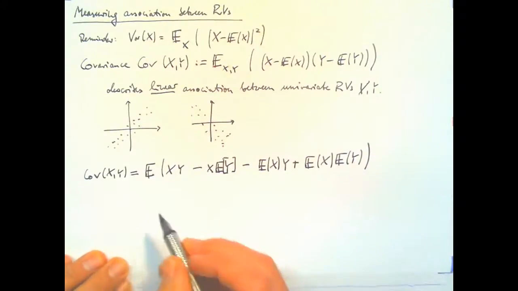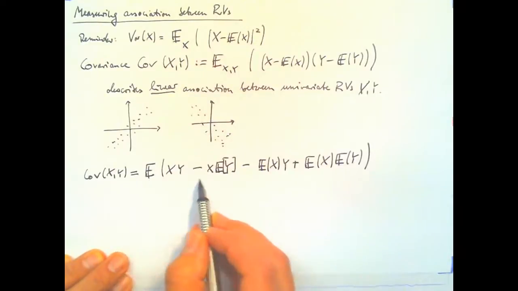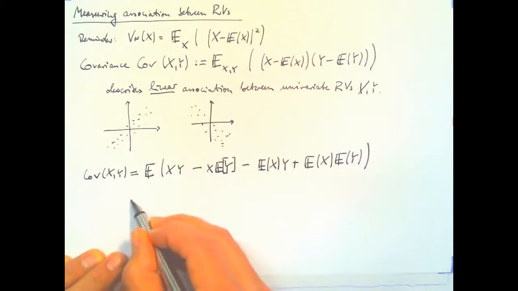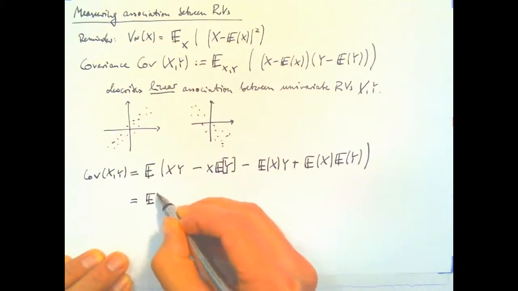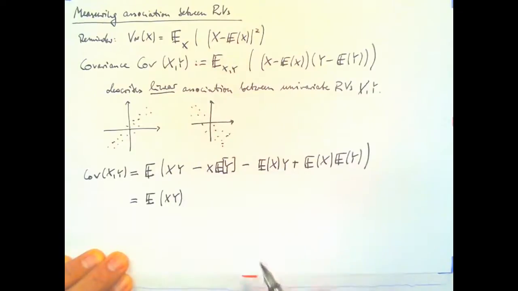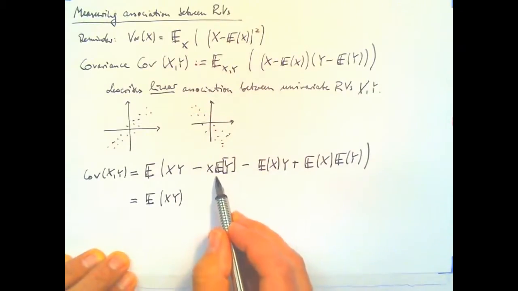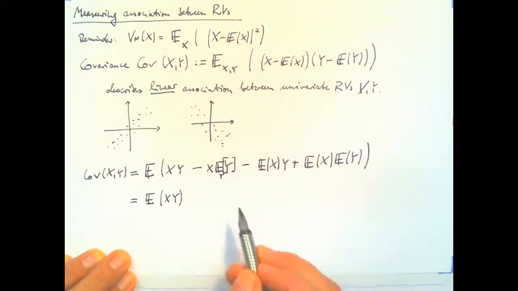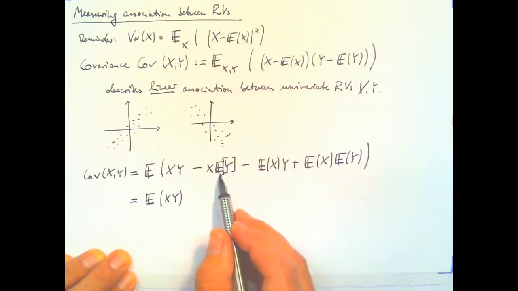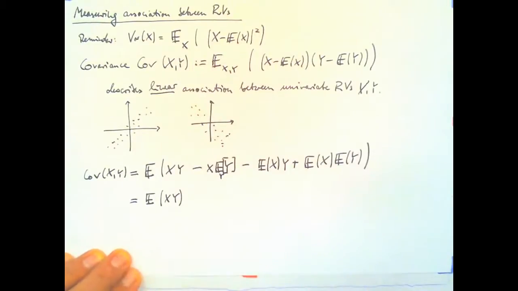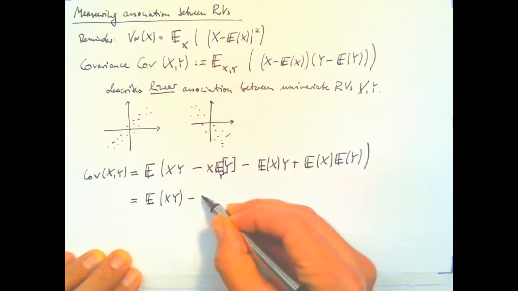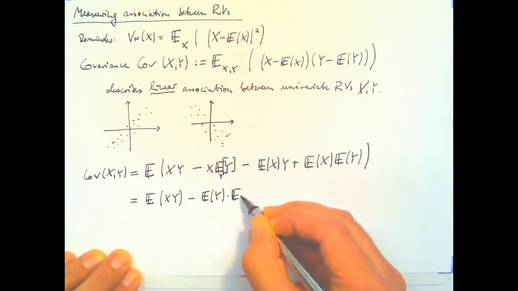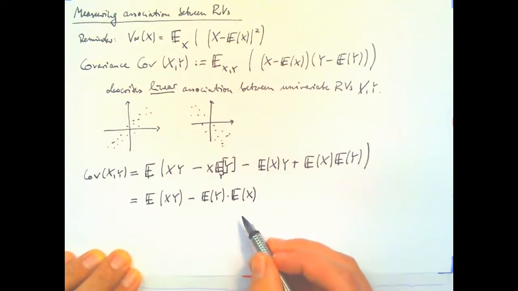And we can now apply this expectation operator to each of the terms in turn. And the first one stays unchanged. The second term, the expectation of y with respect to y is just a constant. So we can pull this out of the expectation operator. So I could write this as minus the expectation of y times the expectation of x.